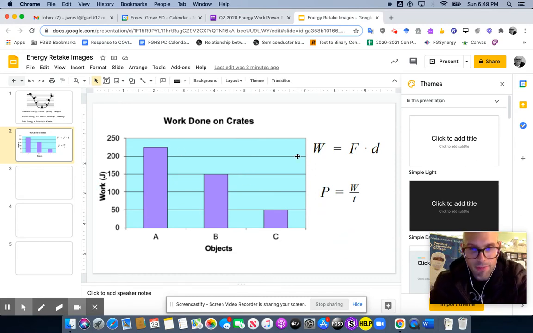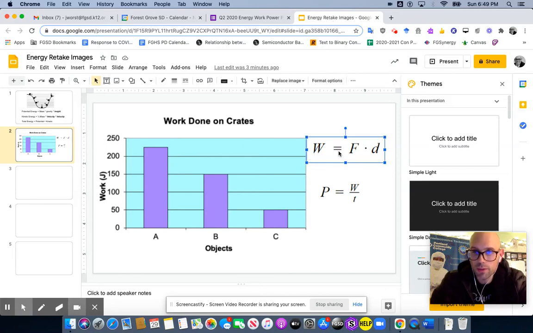So you have the graph. You know that they were pushed 10 meters. You know that work equals force times distance. So which crate, A, B, or C, was pushed with the least amount of force? You have to figure that out.